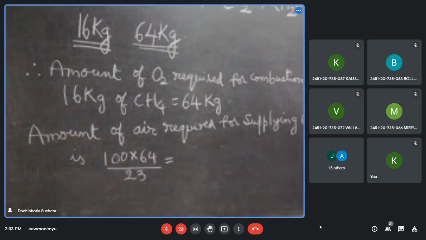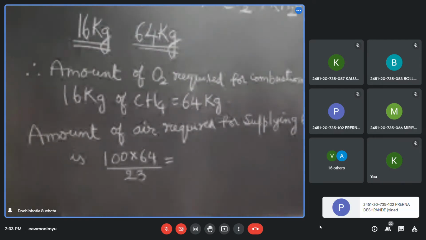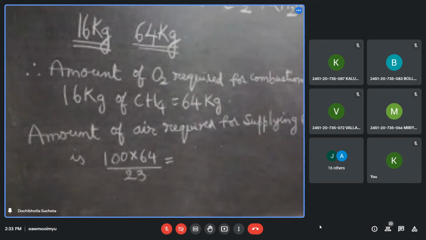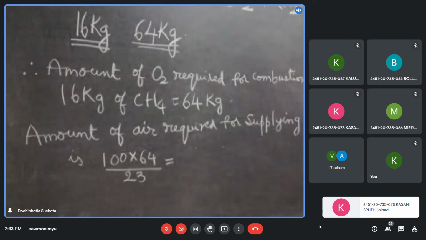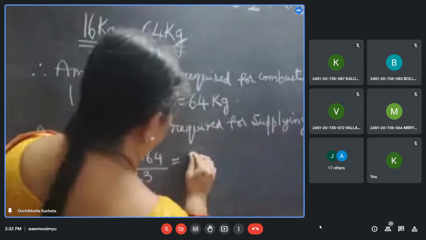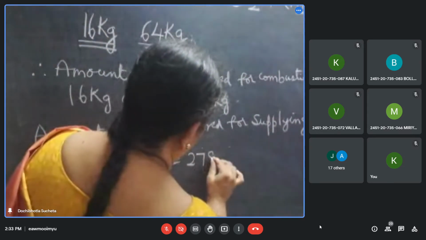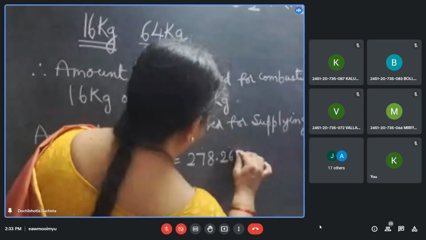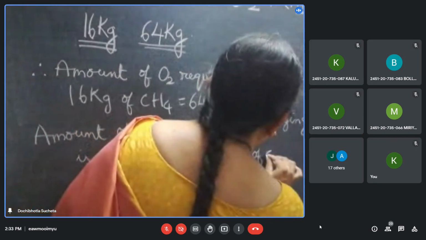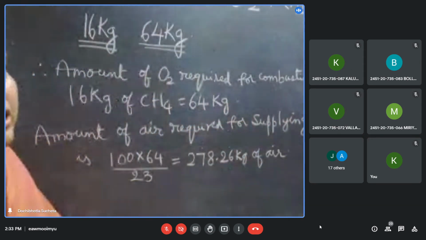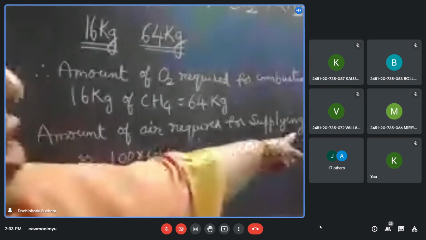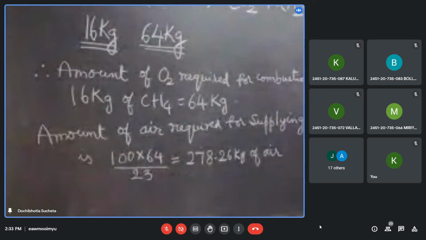100 into 64 divided by 23 is 278.26. 278.26 kgs of air has to be supplied for supplying 64 kgs of oxygen, because air contains only 23% of oxygen by weight.